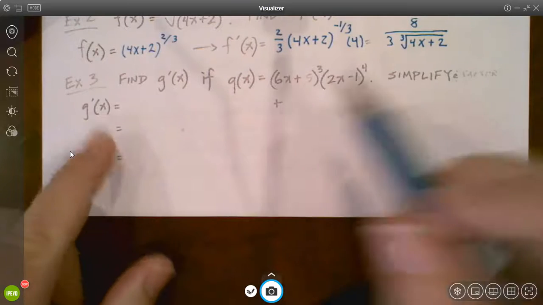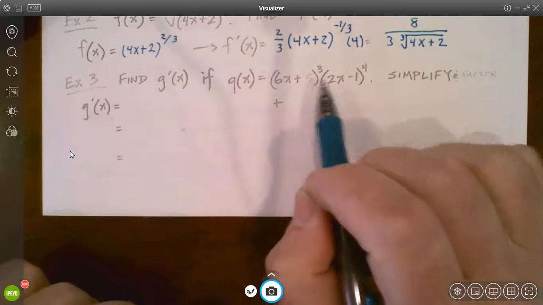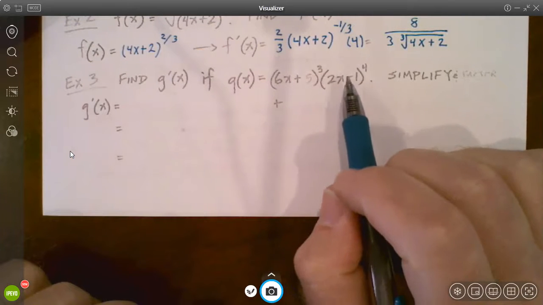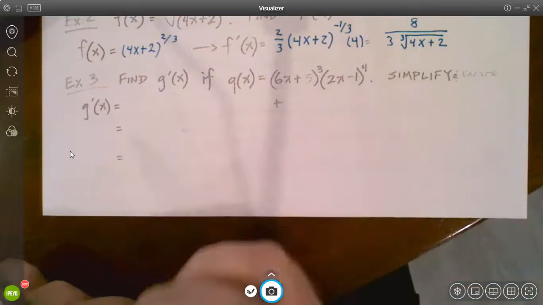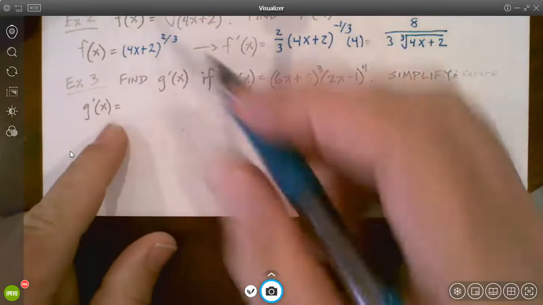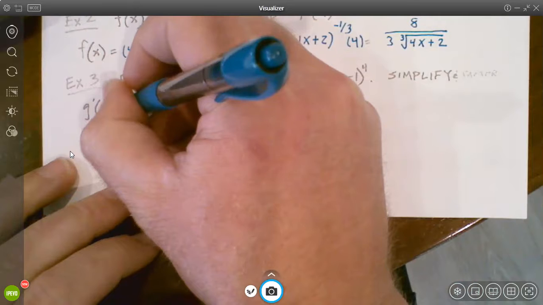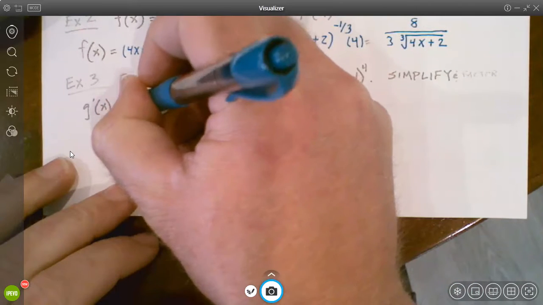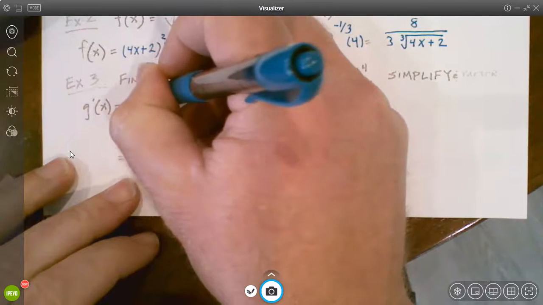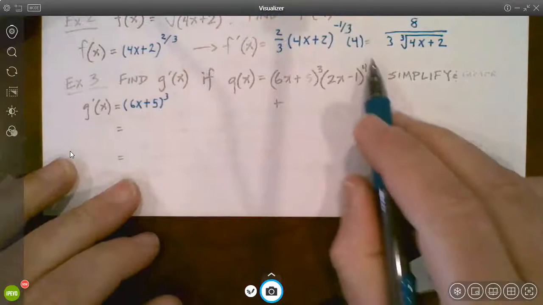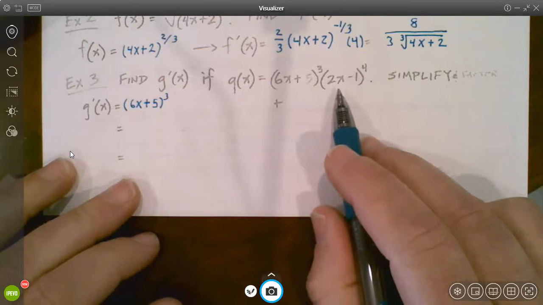So if you remember our product rule, that's where we do the first times derivative of the second plus the second times derivative of the first. So I'm going to start by doing just the first. So 6x plus 5 to the third times the derivative of the second, and here comes our new chain rule.